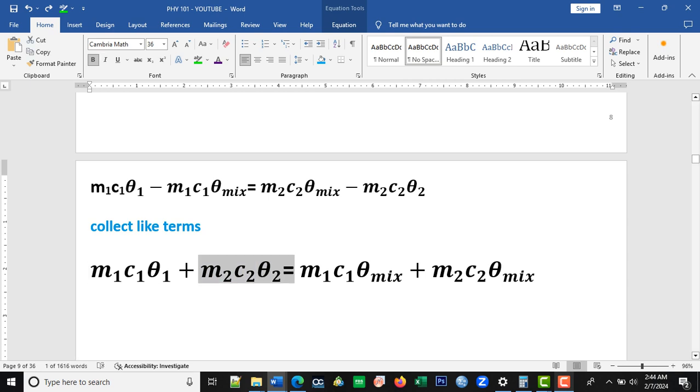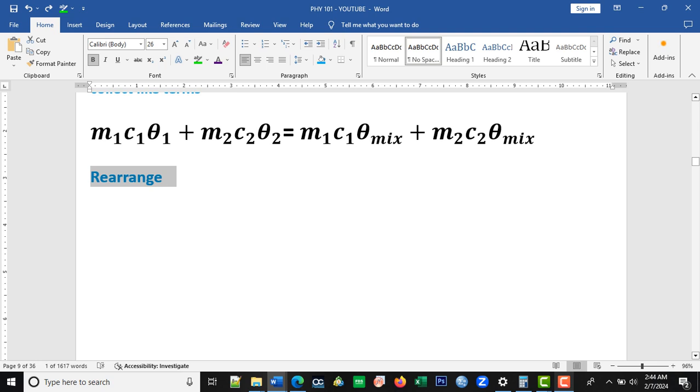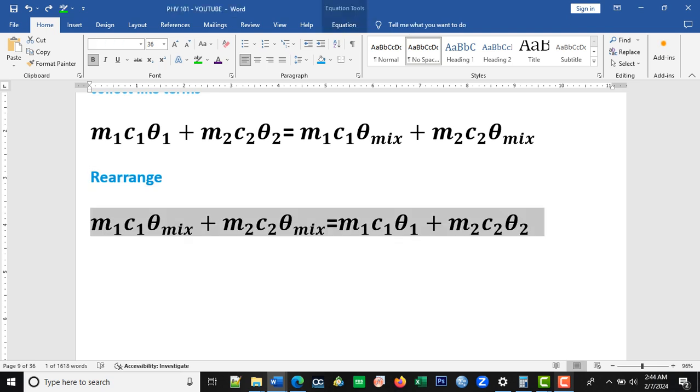Okay, so since we are making θ mix the subject, I'm not comfortable keeping my expression this way. So I'm going to rearrange it. And when I rearrange it, I'm not going to touch anything. I just want to bring the terms by my right hand to the left, and the ones by my left hand to the right hand. So this is it. I didn't change anything.